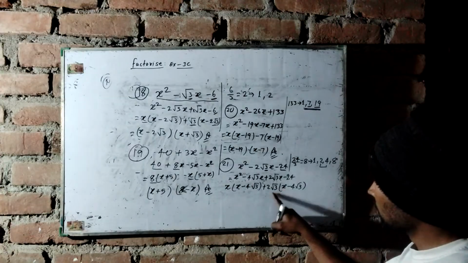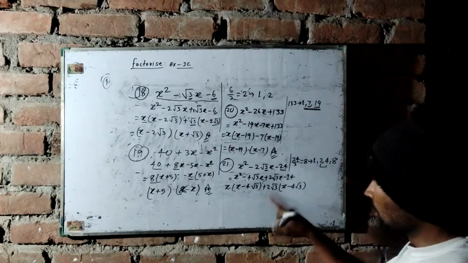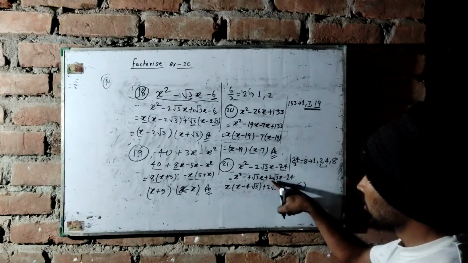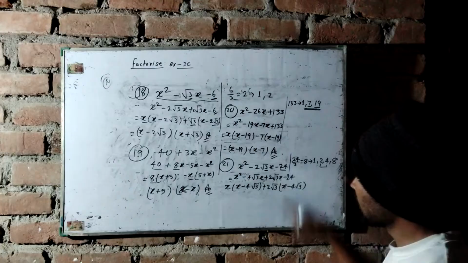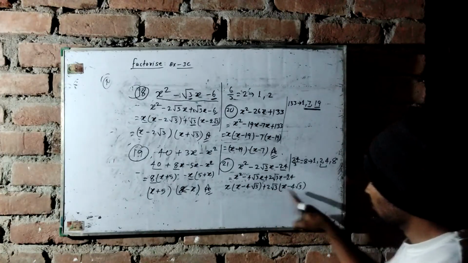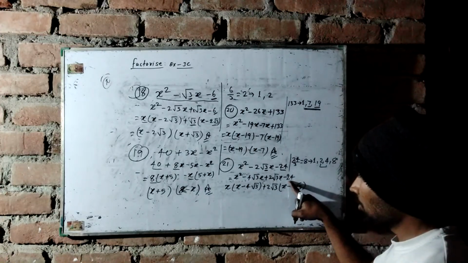After multiplying this with this, you can get this, because if you multiply 2 under root 3 with x, you will get 2 under root 3x, and if you multiply 2 under root 3 with minus 4 under root 3, you will get minus 24.